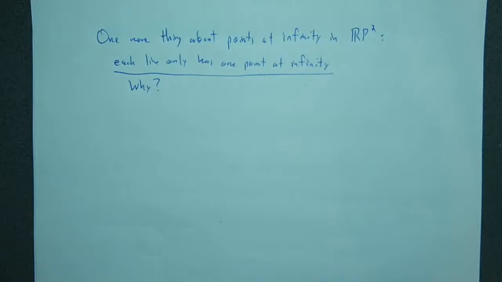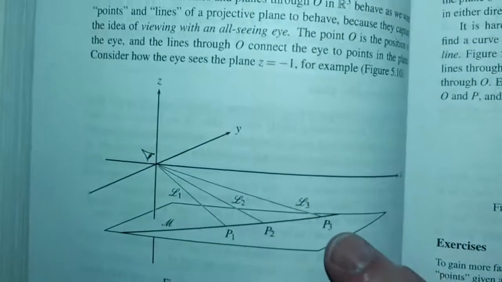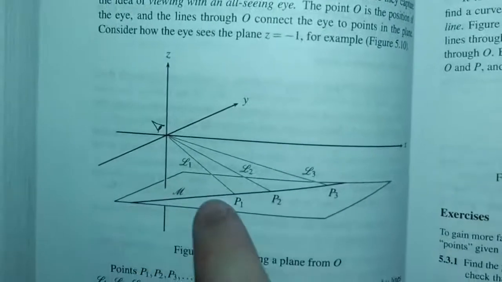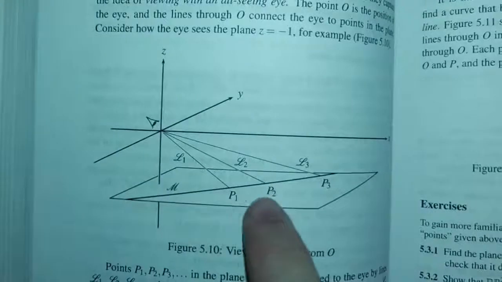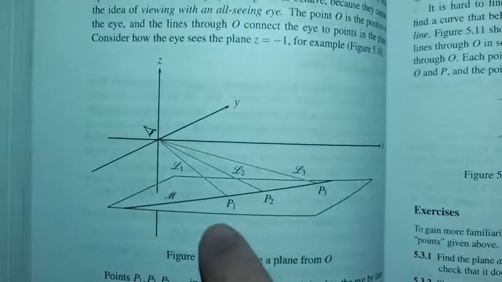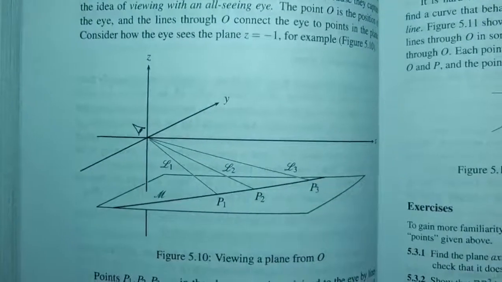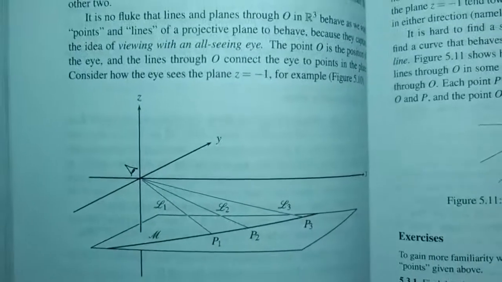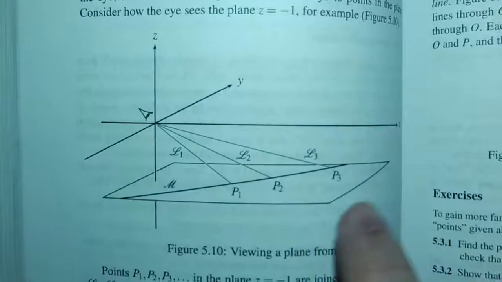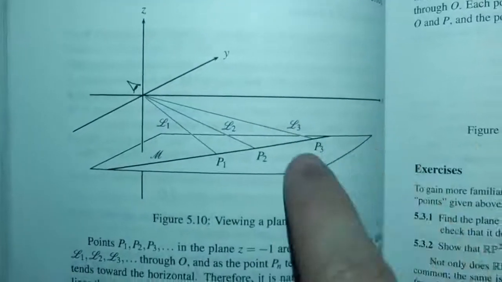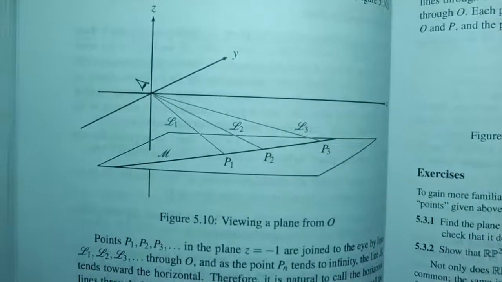Going back to our picture again. Look at the line M here, and as these points P1, P2, P3 go along M out, thinking about the vision lines that I would get if I kept drawing in these points as they went on and on further and further out the plane.